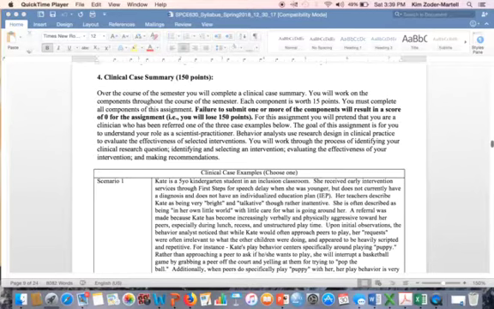One of the things that I often hear students say is, well, I plan to become a behavior analyst, so I don't need to know about research design methodology. A course in single case research design really isn't that important. The purpose of this assignment is to get you to see your role as a scientist practitioner.